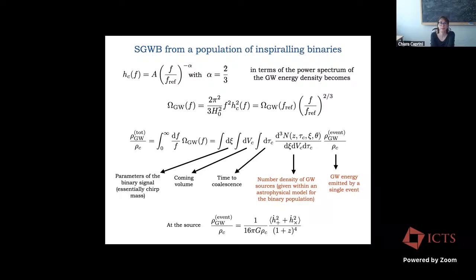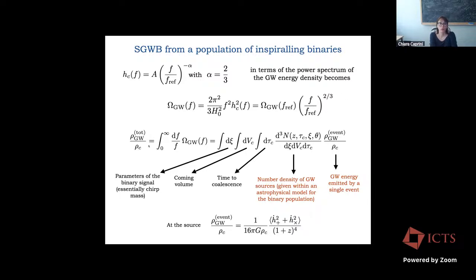Indeed, if we start with a spectrum for h_c that goes like f to the minus 2/3, because of the f squared factor, that gives omega a positive slope like f to the 2/3. So where does this come from?